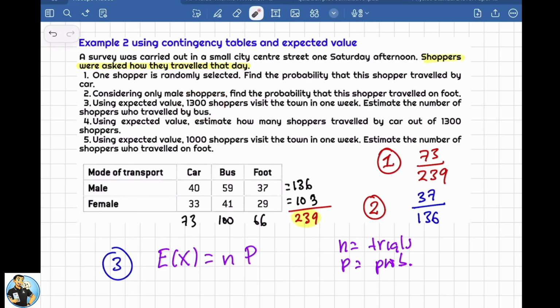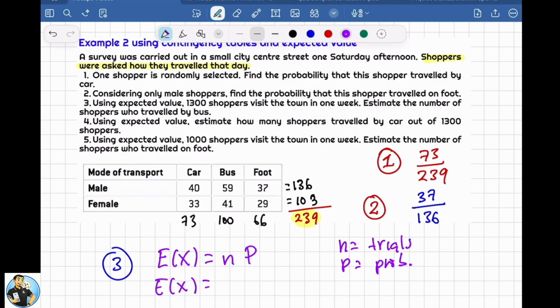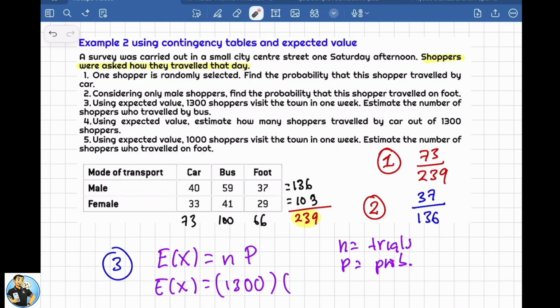So the expected value is going to be 1,300 times the probability of this event. Which event? We have to estimate the number who travel by bus.